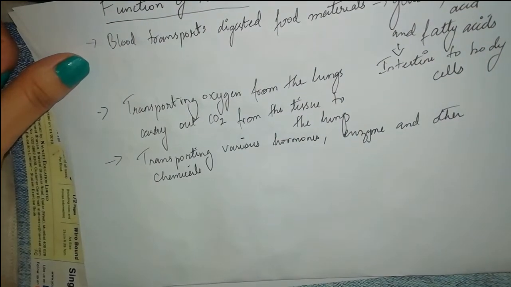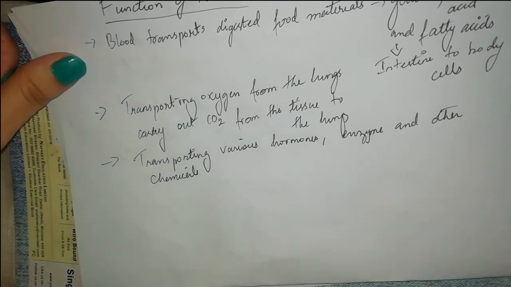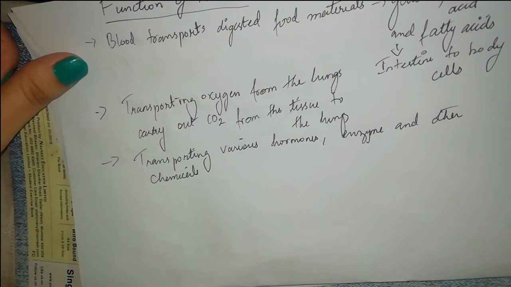So you know that hormones, enzymes, and other chemicals play an important role. You need enzymes for the digestion, for the process of digestion. You also need hormones. I have already explained to you that they are the chemical substances that are being released. So all these things, the blood helps in carrying them out to other parts of your body.